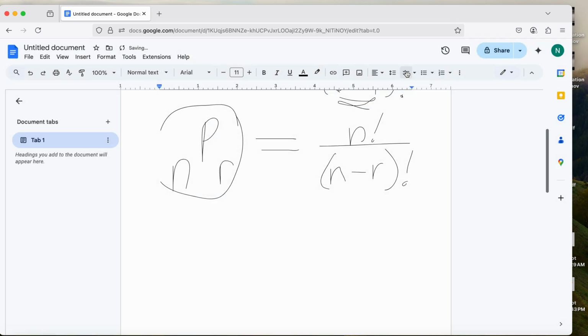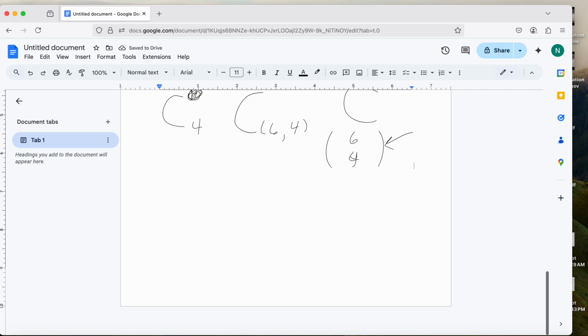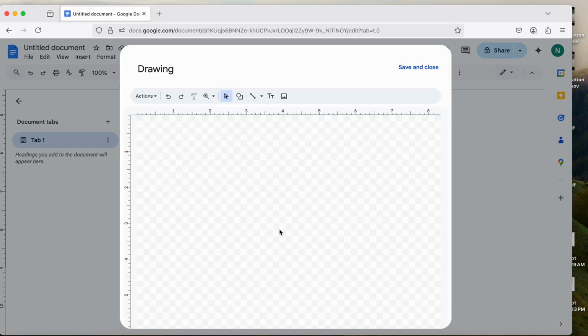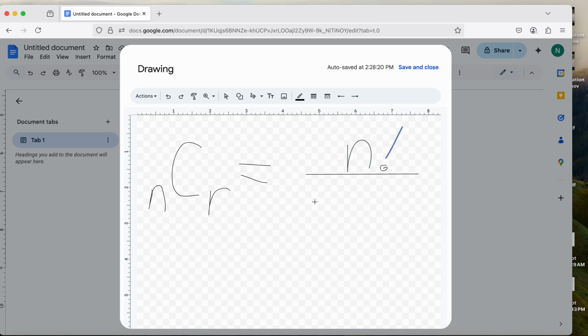And so if we're going to do the formula, we'll write that out. So it is n choose r, or combination. It gets stated as choose a lot of times. nCr is equal to n factorial divided by n minus r factorial.